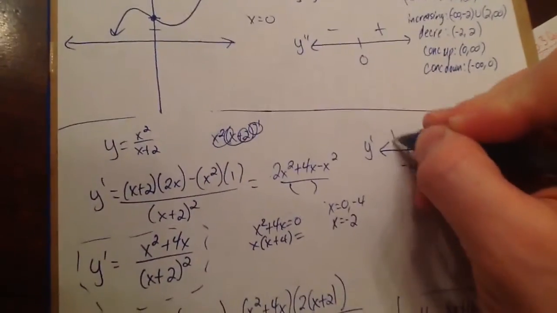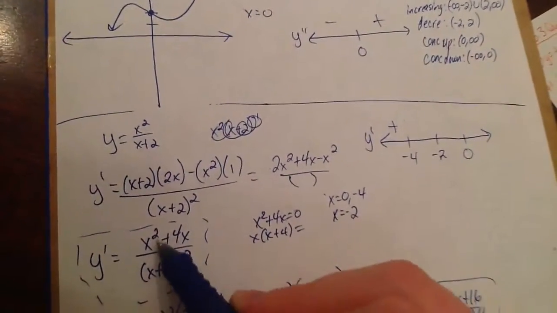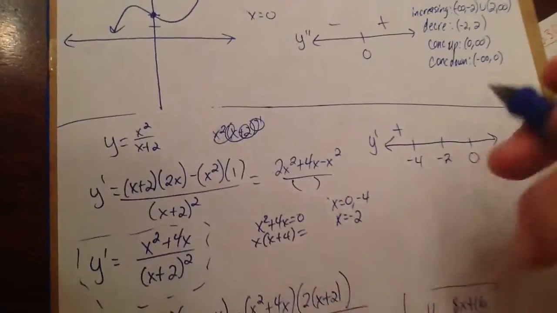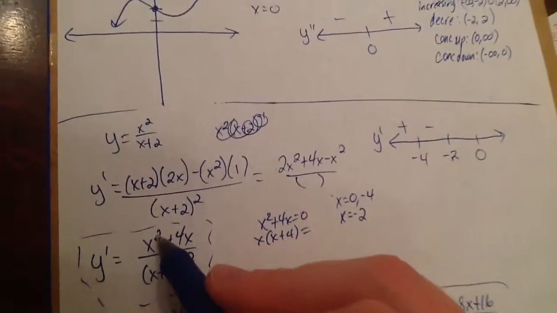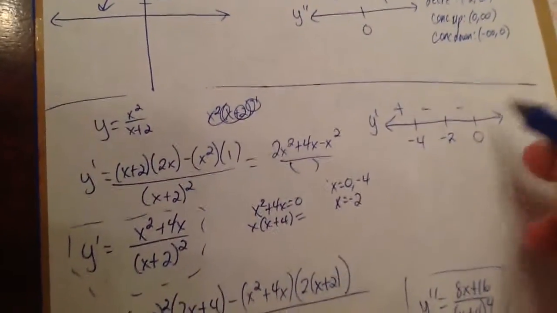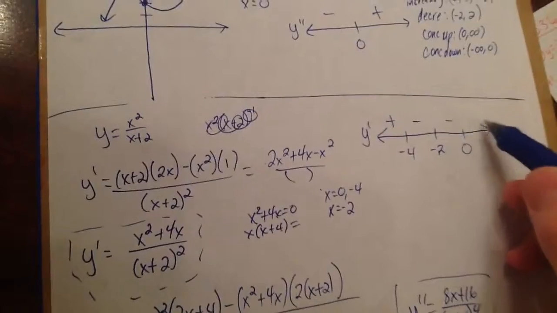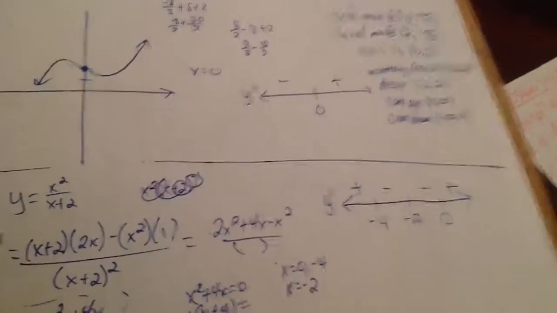That's positive. Plug in negative 3. That'd be 9 minus 12. Negative. Plug in negative 1. Be 1 minus 4. Negative again. And then plug in anything positive, and it's just going to be positive. So there's our sign chart for our slopes.